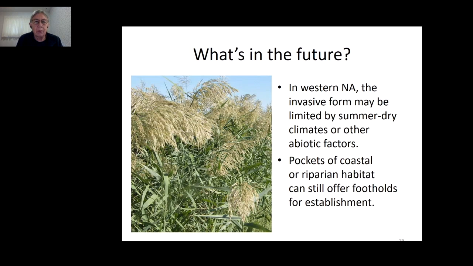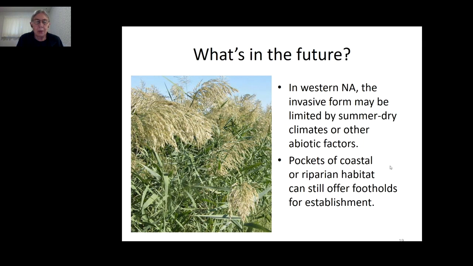It's a summer dry climate in large areas of Western North America, in contrast to the east, where the summer is often wet and rainy, and evidently Phragmites likes that eastern climate and not so much the western climate. So Phragmites tends to only occur in the West in areas where it can have moisture around its roots all year. And so that's usually along estuaries along the coast, or in riparian habitats, lakes and streams, which offer places where it can establish.